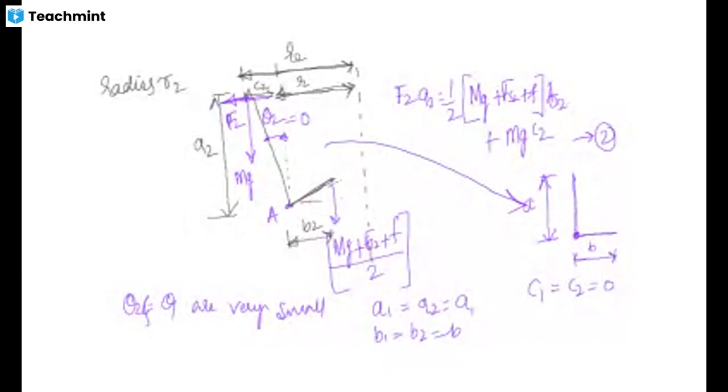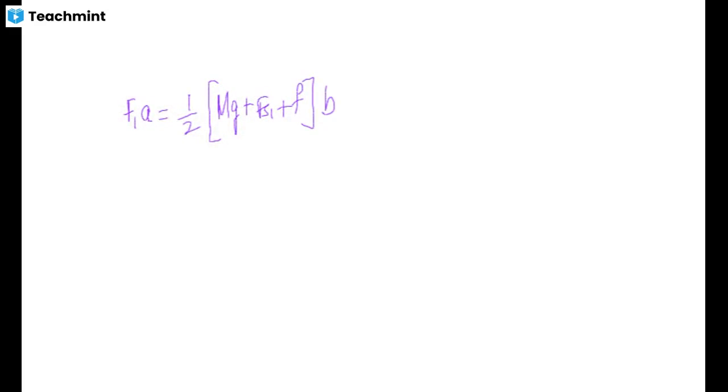Now if you rewrite the above equations, equation number 1 and 2: F1 into A is equal to 1 by 2 (Mg plus Fs1) plus F into B. The other term gets 0 because C1 equals C2 equals 0.